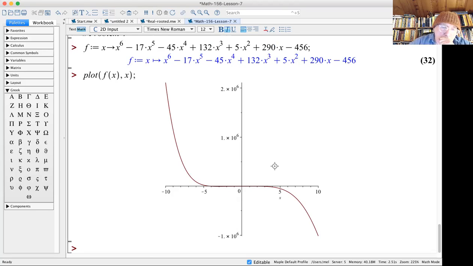Now, f of x is a polynomial of even degree. So we know as x goes to infinity, f of x goes to infinity. So this function has to turn around somewhere and start to go up. So we have to go a little bit further to the right. Let's say maybe x goes from -5 to 25.